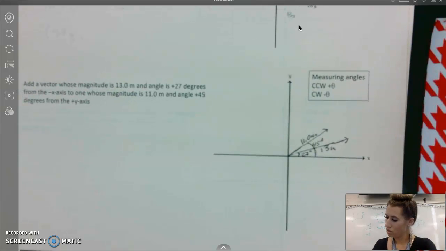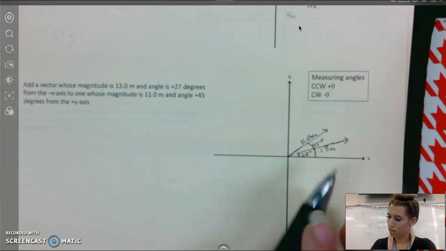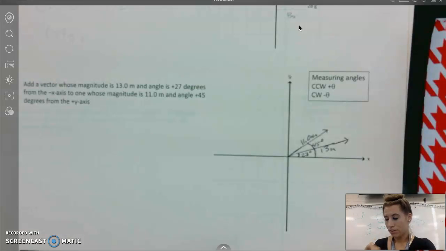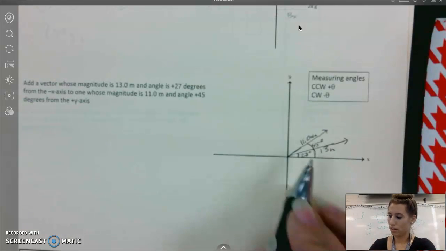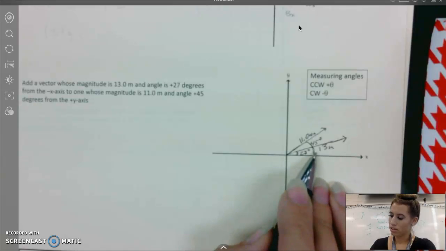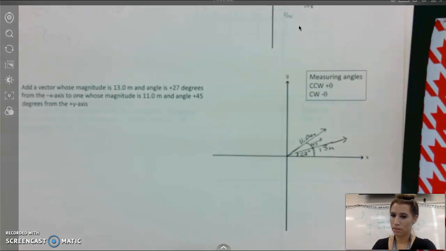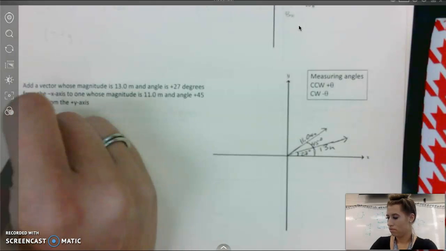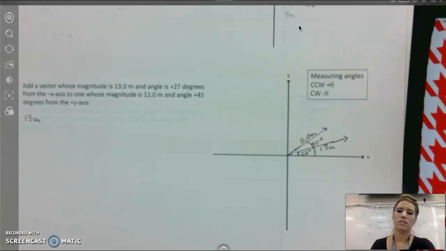Okay, so first, this 13 meter vector, let's find the x and y component of that. So when I look at this triangle here, the x component is adjacent and the y component is opposite. So 13 meters, and let's name these because that'll just be helpful.